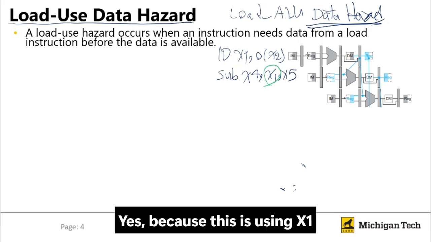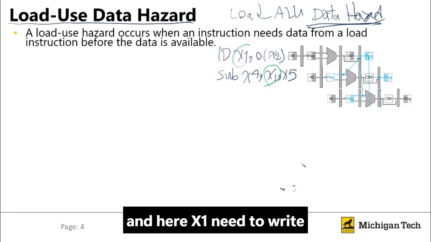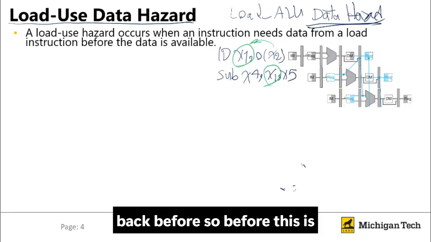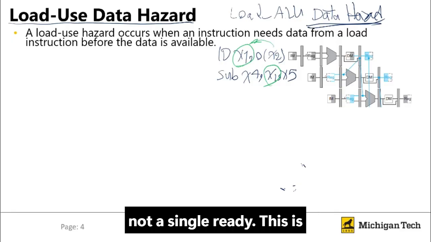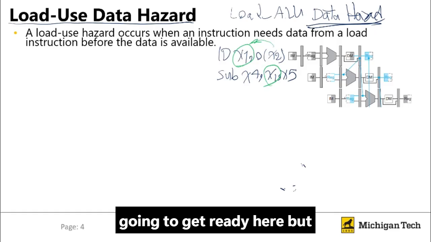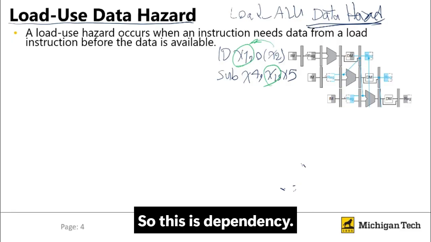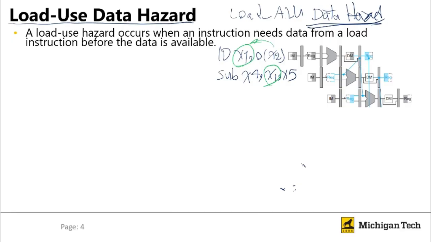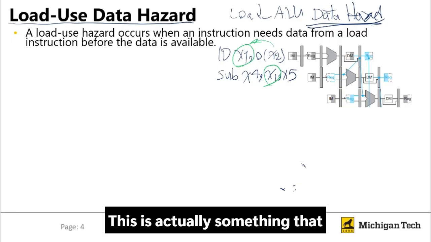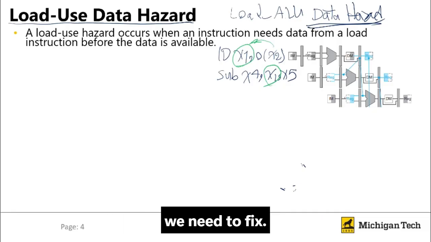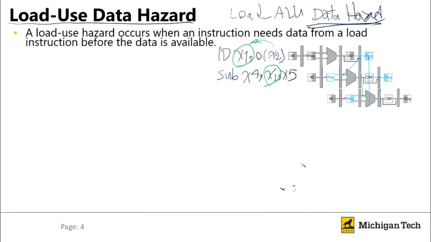Yes, because this is using x1, and x1 needs to be written back before. This is not ready yet; it's going to get ready here, but we want it here in decode. So this is a dependency that we need to fix.